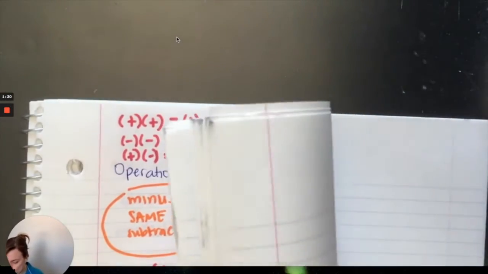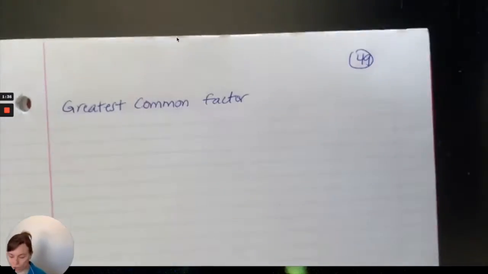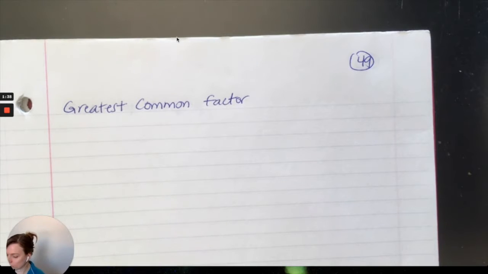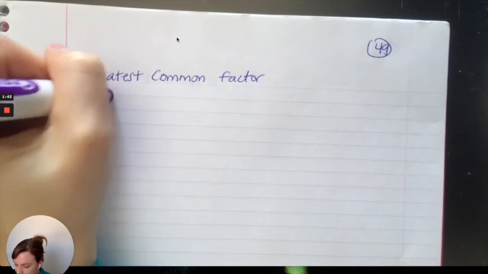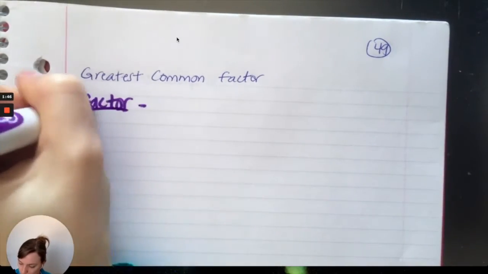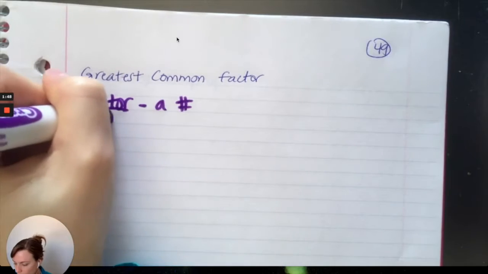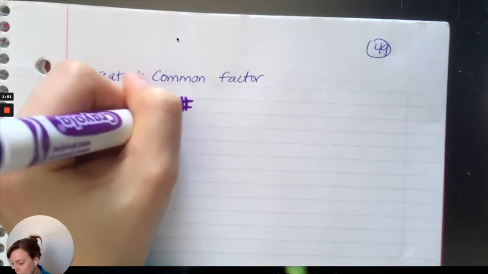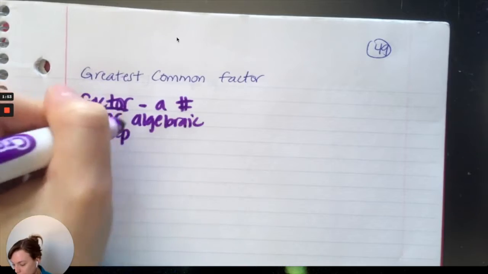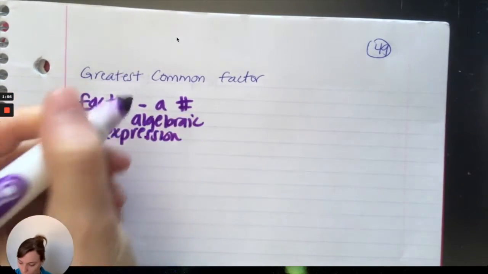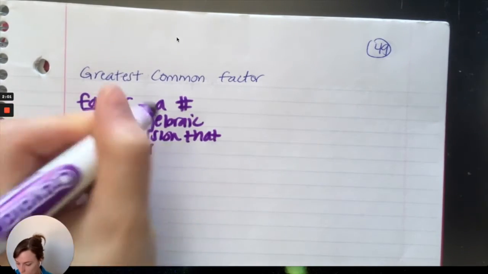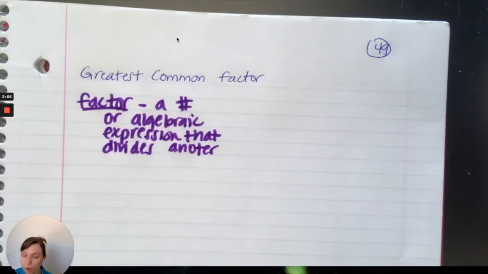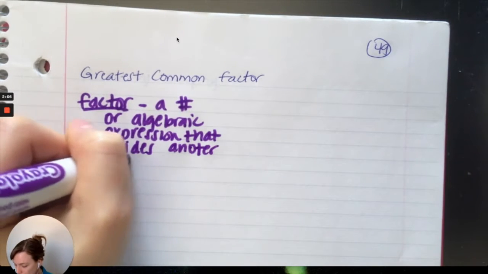Move my gray marker. 49. Okay, so greatest common factor. Let's do purple. So a factor is a number, or we're going to be working with it where it's an algebraic expression that divides another number or another algebraic expression evenly.